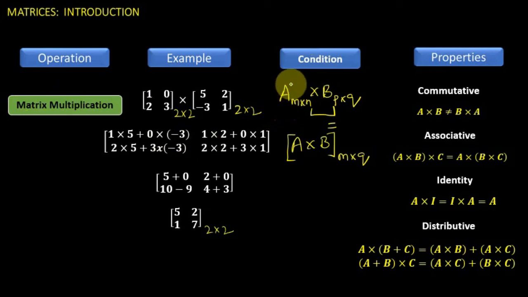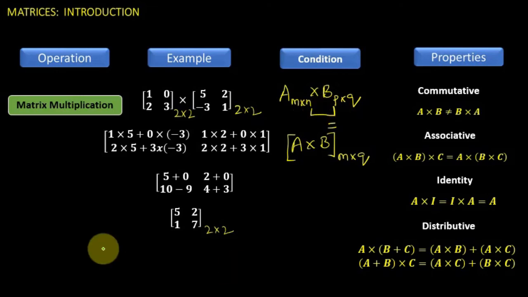Suppose I am having a matrix A of order m cross n and a matrix B of order p cross q. So when can I multiply? The first matrix's number of columns should be equal to the second matrix's number of rows. Then only I can multiply.